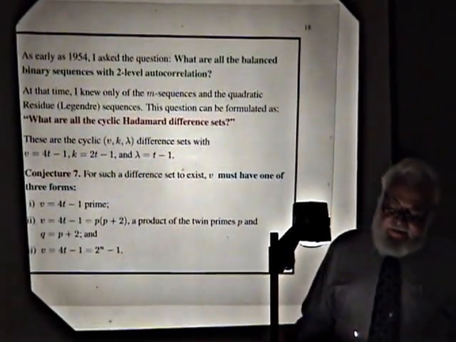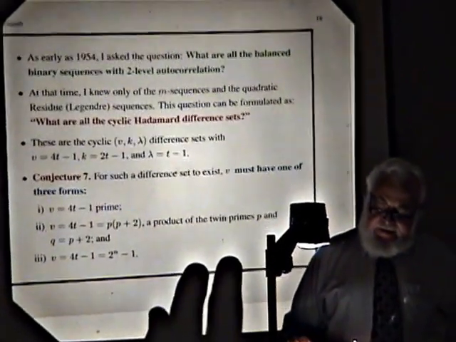And these things are also called cyclic Hadamard difference sets.